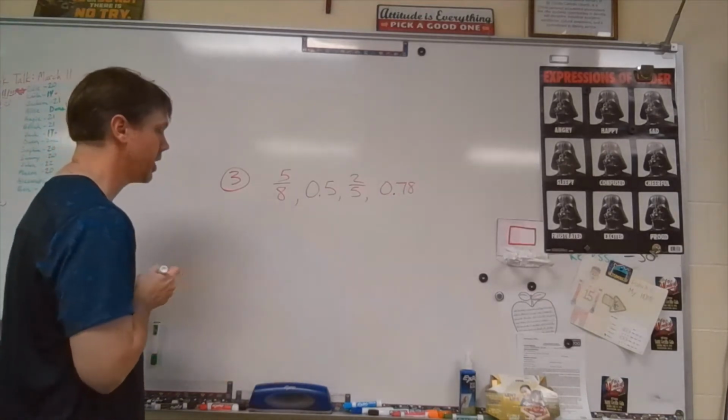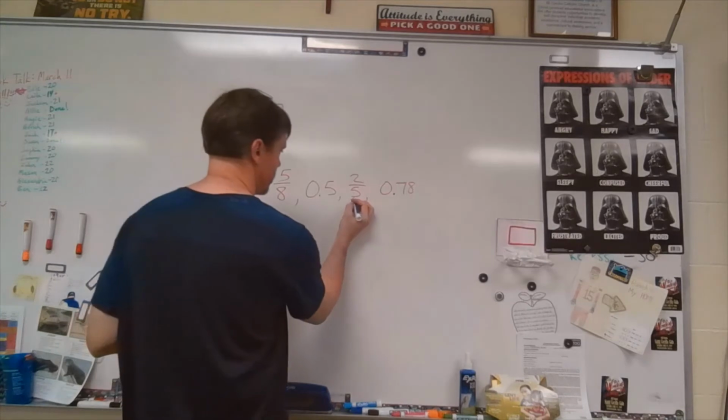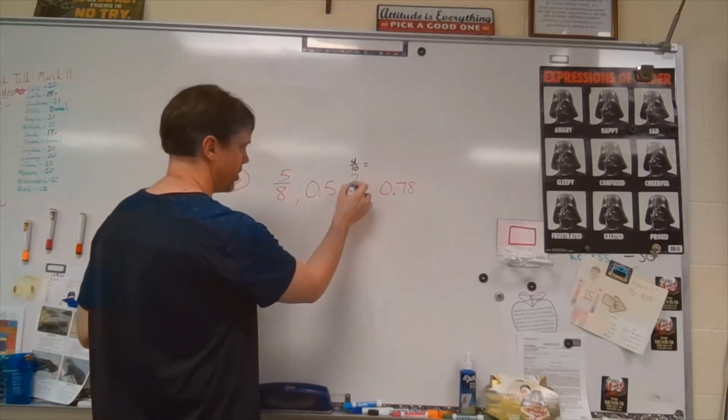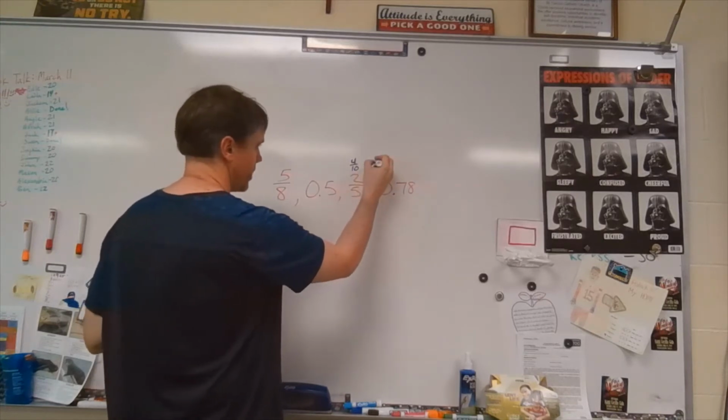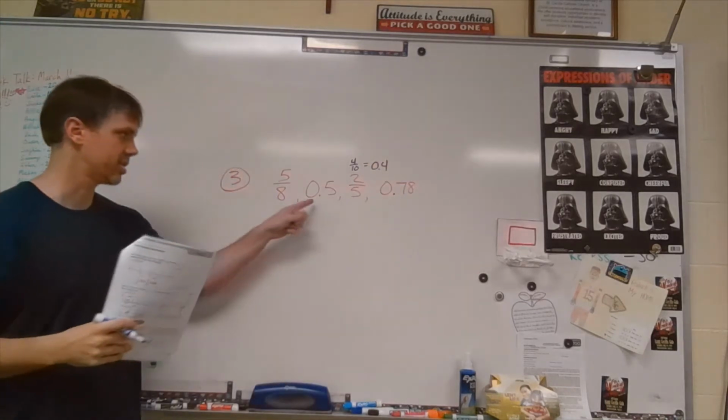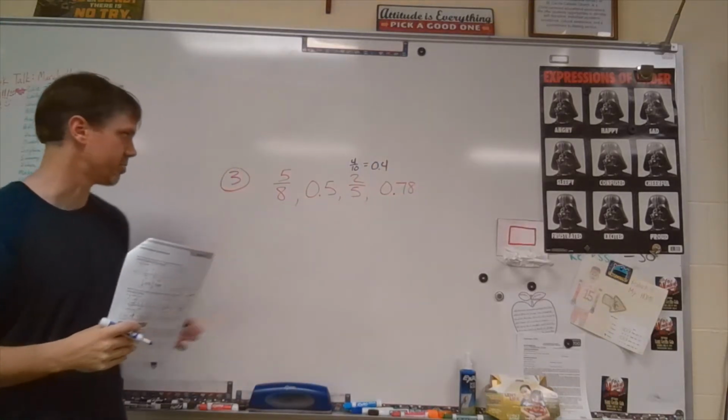Let's change this one right away into 4/10, because 5 times 2 is 10, 2 times 2 is 4, and 4/10 is equal to 0.4. So we already have that one out of the way. We know that it's less than this and less than this, so it's pretty small.